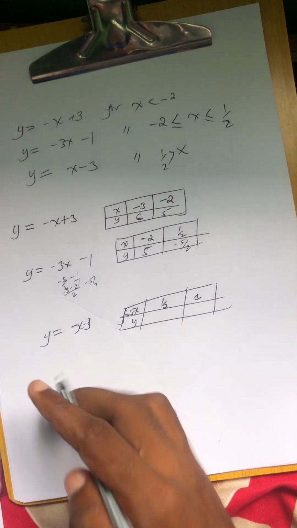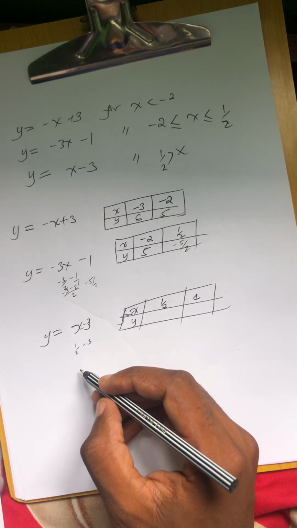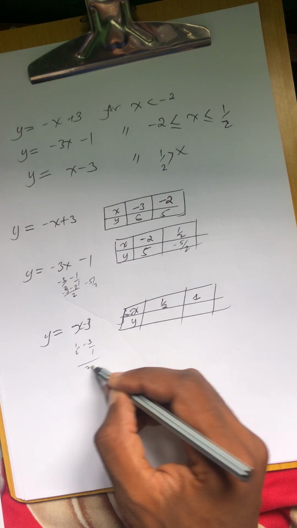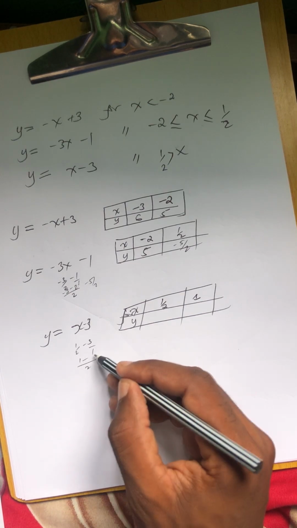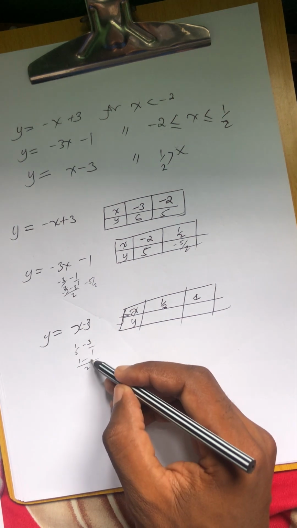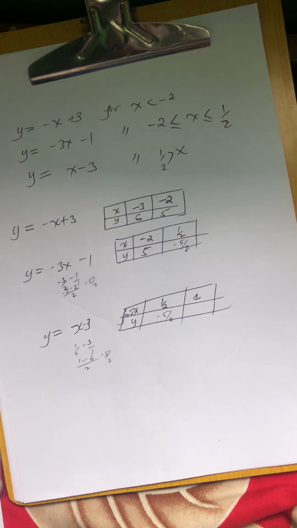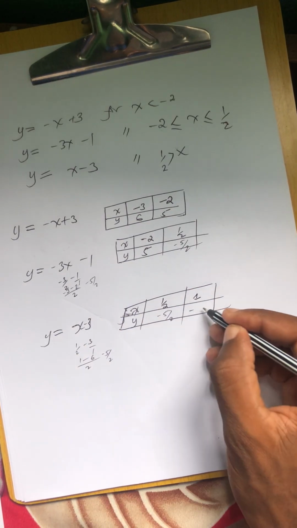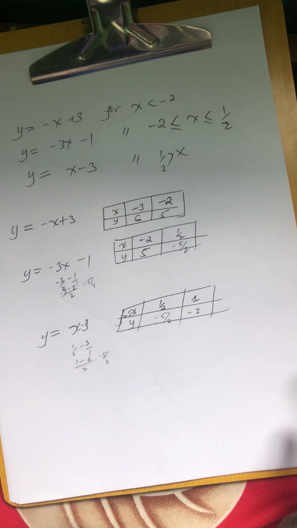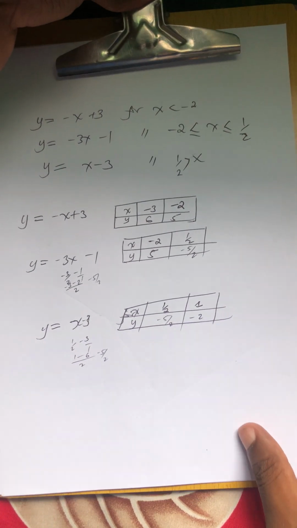So if you put half here, you have half minus 3, which is minus 5 over 2. Then if you put 1 there, you're going to have negative 2. Okay. Easy stuff, huh? Simple. Correct.